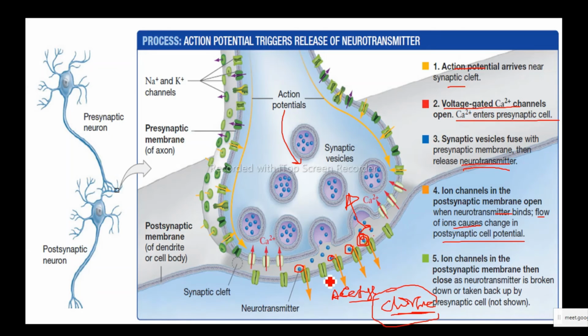Now, if you inhibit that enzyme, then there is no way this acetylcholine is going to be broken down. And so, if you don't break down the acetylcholine, the ligand-gated channels will remain open. And so if they remain open, there will be a continuous influx of sodium ions.